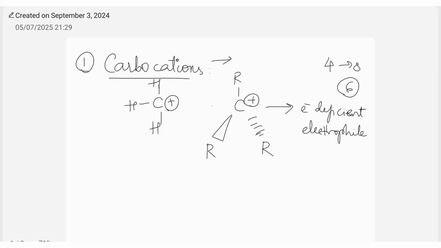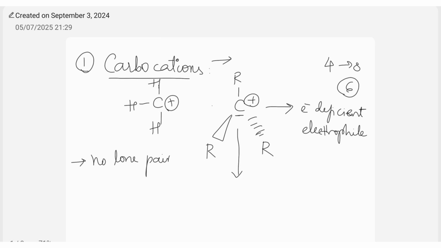So carbocation is an electron deficient species and an electrophile. Generally carbocation has no lone pair of electrons. Of course, as it is electron deficient, it has no lone pair on it, and we see the carbon is surrounded by 3 bonds with no lone pair.